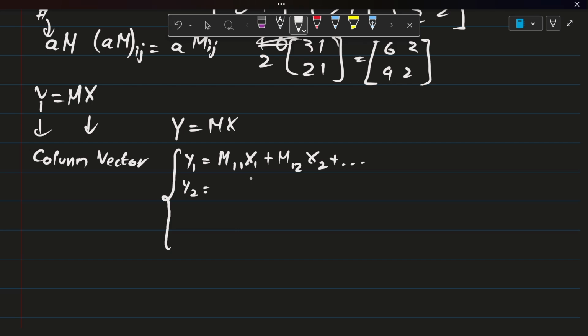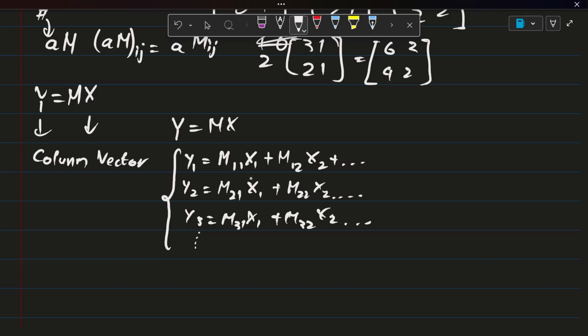And this is similar for y2, which is going to be m21 x1 plus m22 x2 and so on. Same thing for y3, m31 x1 plus m32 x2 and so on.